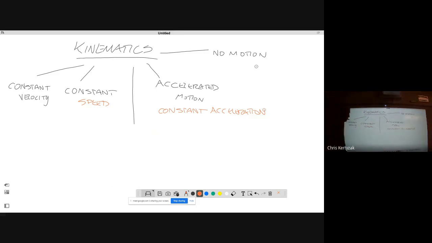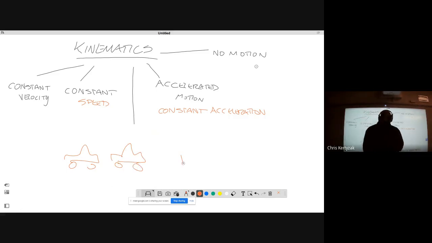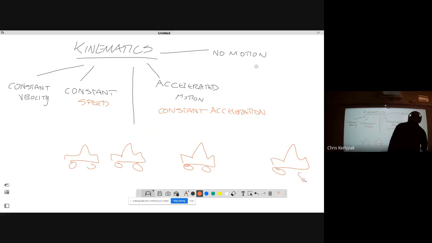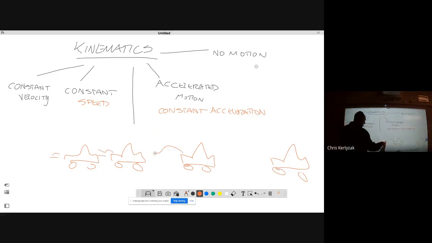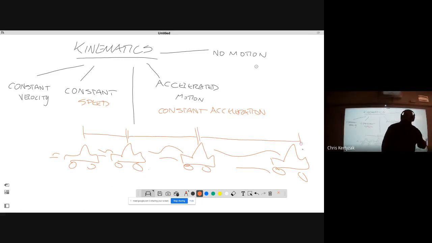That's a constant. How would you know from a motion map that something is speeding up? Back in 9th grade physics, you would see that this car, as it moves along, starts off slow, and then it's going faster, and faster, and wow, it's really going fast. What's the key in that image for us to know that this thing is speeding up? The distances are increasing each interval.